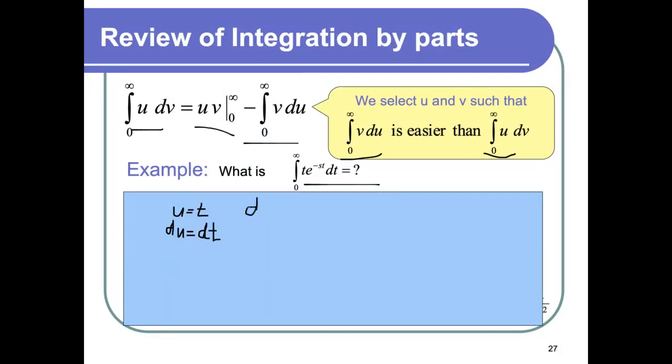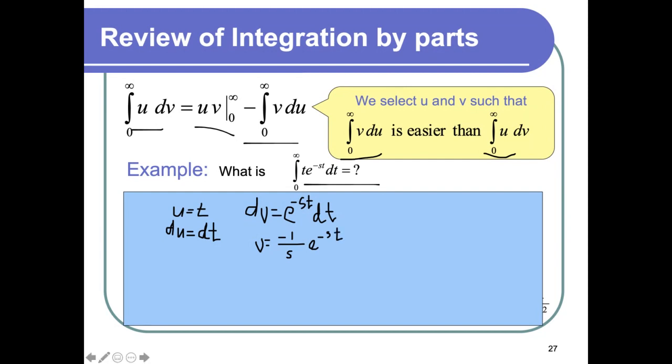We can pick dv as e to the power of minus st dt. Then what is v in this case? It is minus 1 over s e to the power of minus st.